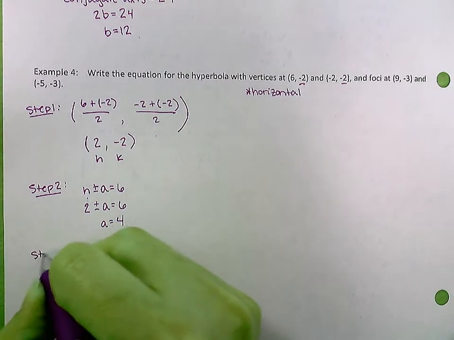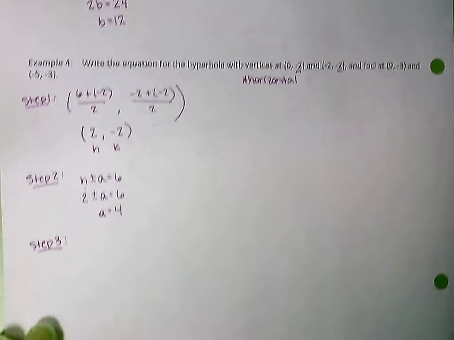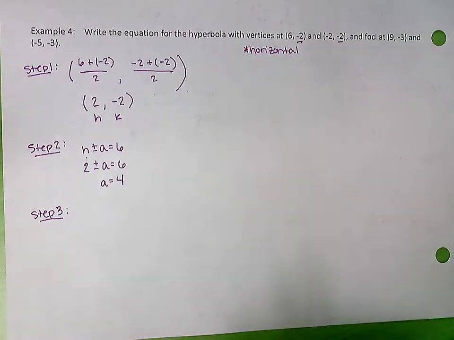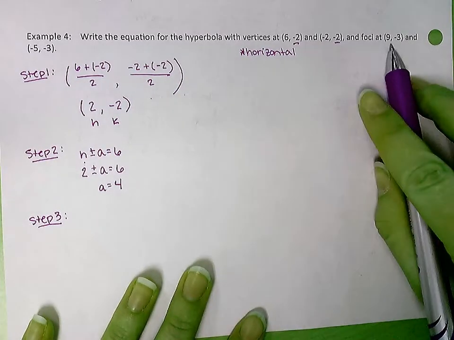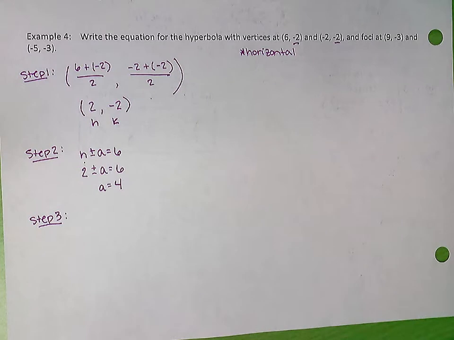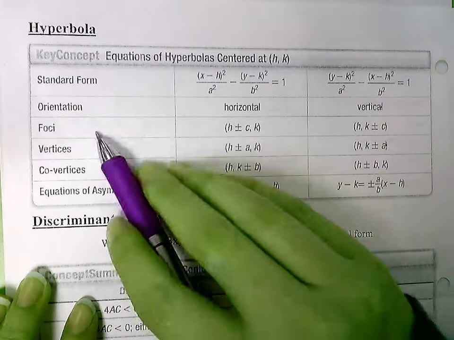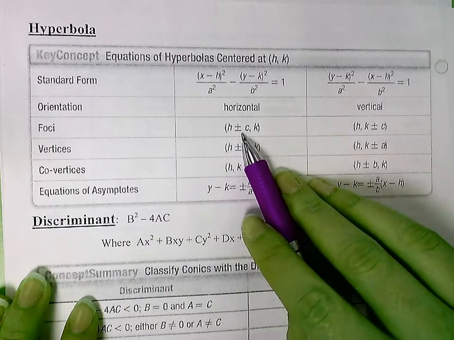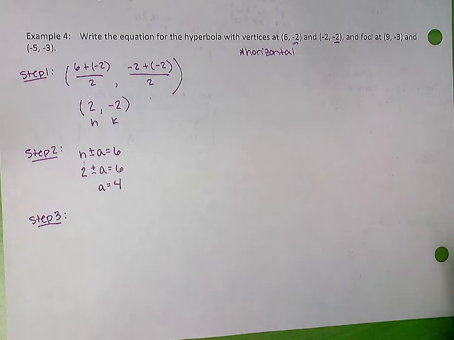Okay, step 3 is to find C to find B. We're finding C first because we're given these focus points. So again, I'm going to look at my chart here. My focus point for horizontal is h plus or minus C will equal that x value in your focus point.